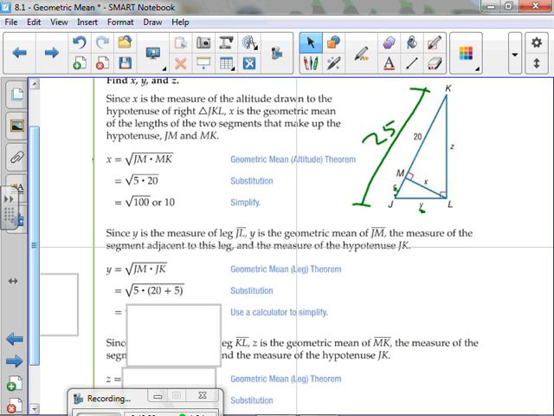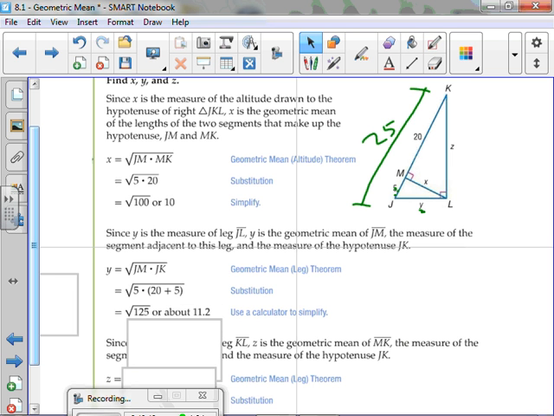What's 20 times 25? 500. It is going to be the square root of 500. Is there a perfect square in there? 500 is 5 times 100.